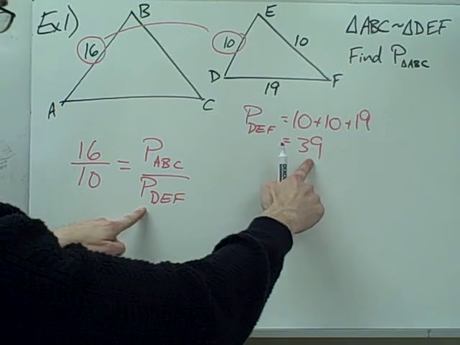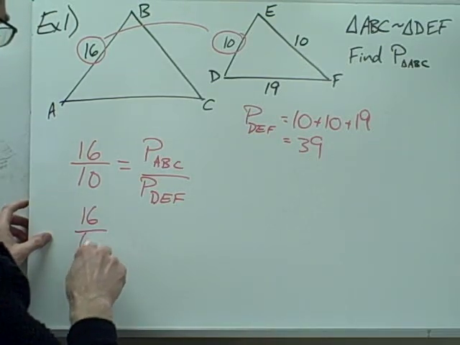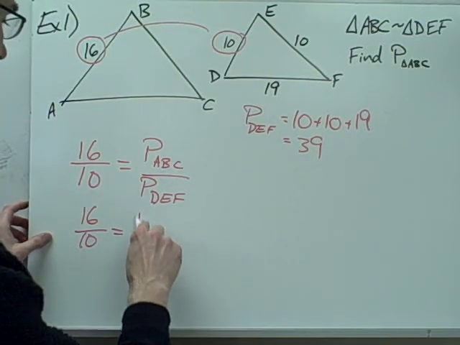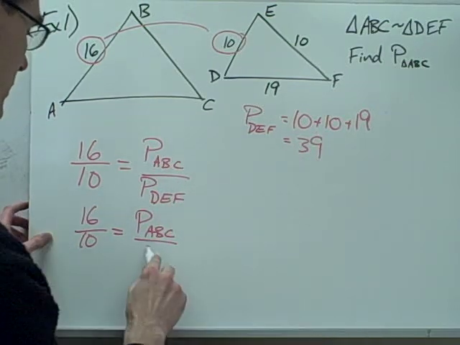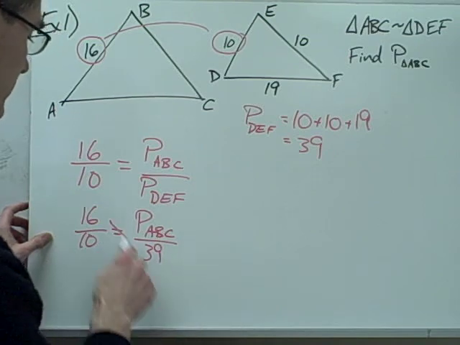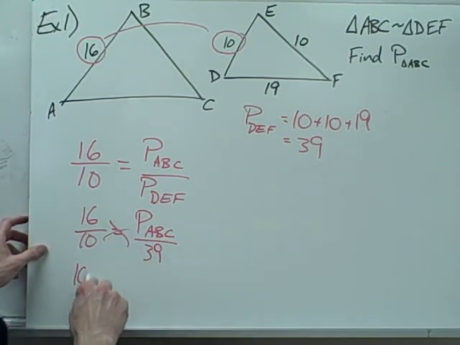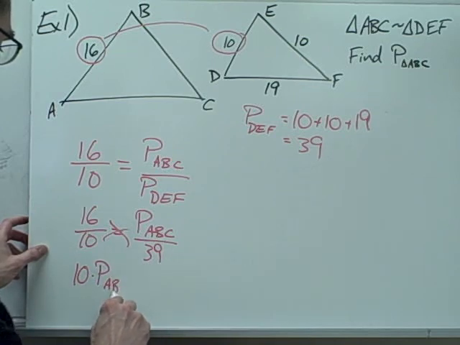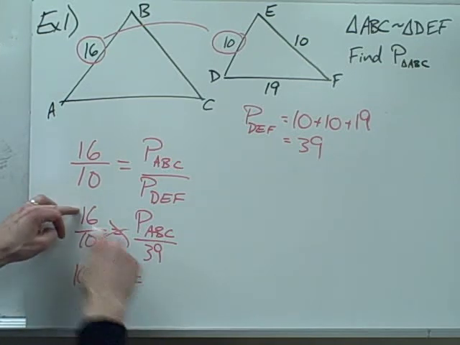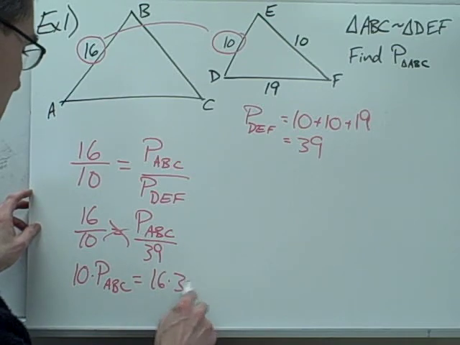I just found that. That's 39. So I can write this as 16 over 10 equals perimeter of triangle ABC over 39. Now I just need to cross multiply: 10 times the perimeter of triangle ABC equals 16 times 39.